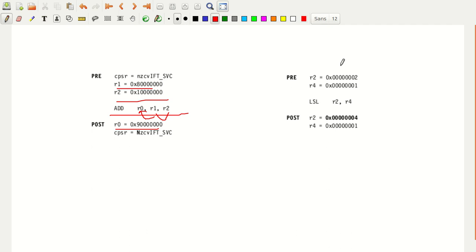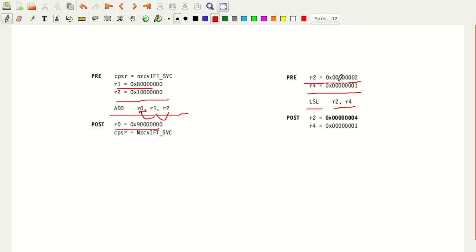Next one. What happens in this case is here R2 the value is 2, and R4 the value is 1. So what happens: logical shift left R2, R4.